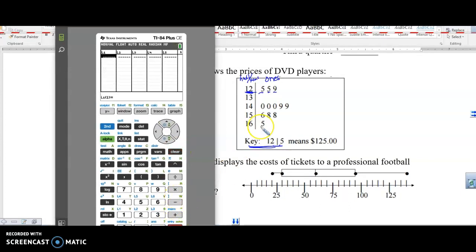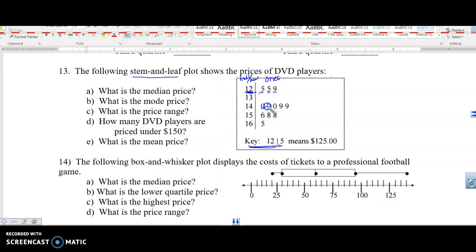So let's put these entries in. I want you to look. It's 125, and there's another 125. Then the next one is 129. Now if we go down to 13, you don't see any entries there, so that means we don't have any numbers that start with 13. Now if we go down here, we have 140, 140, 140, 149, 149.